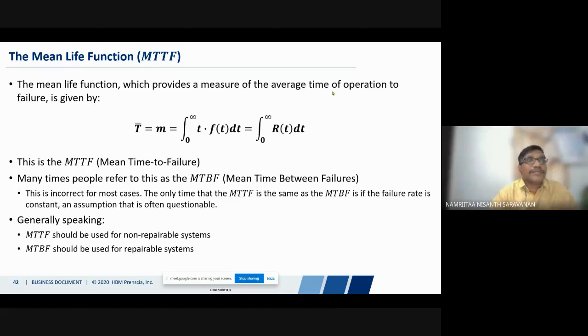Say your car is a repairable system. Your starter motor is not a repairable system. Your starter motor is a replaceable component. But your entire car is a repairable system. So MTBF is applicable at the car level. MTTF is applicable for the starter motor.